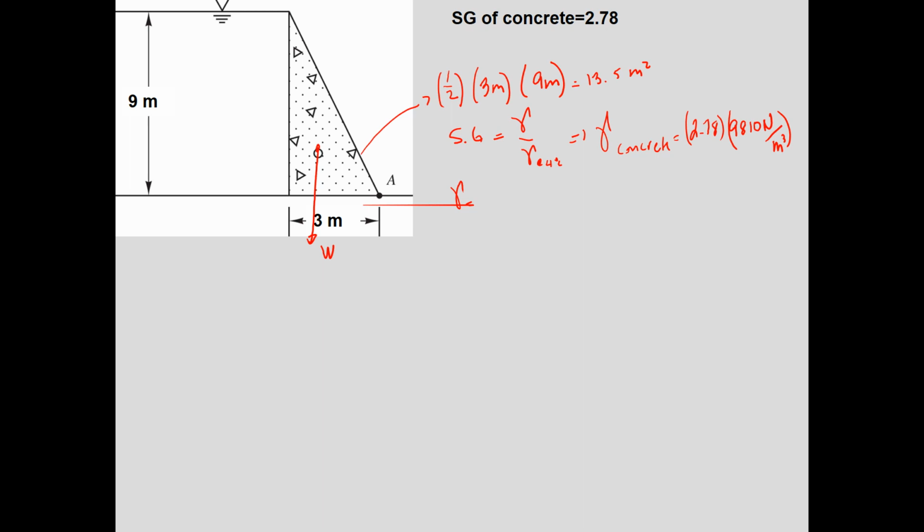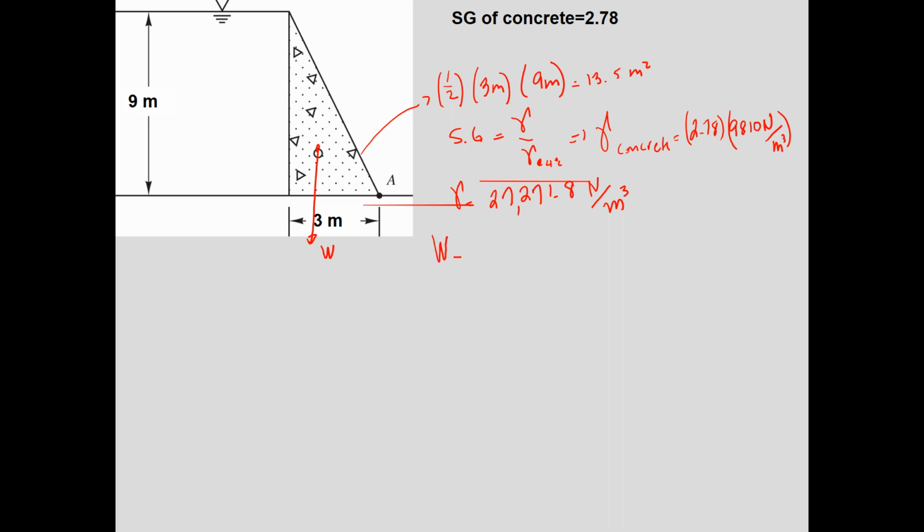So the specific weight of concrete is going to be equal to 27,000, in newtons per cubic meter.